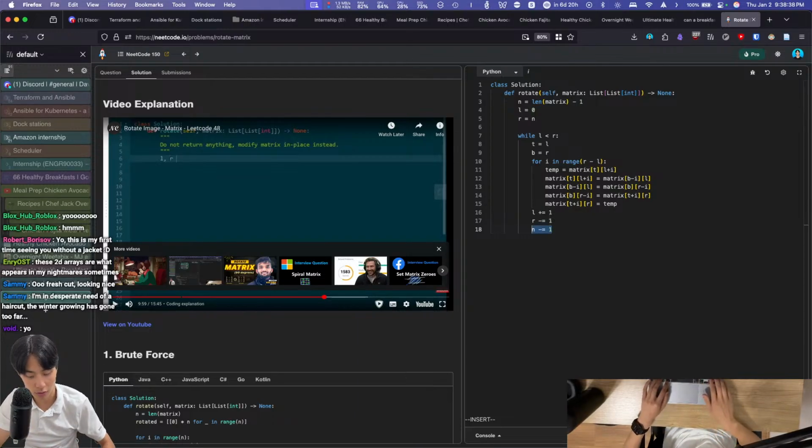That makes sense. So I think this will work. Len matrix minus 1, you can remove that.